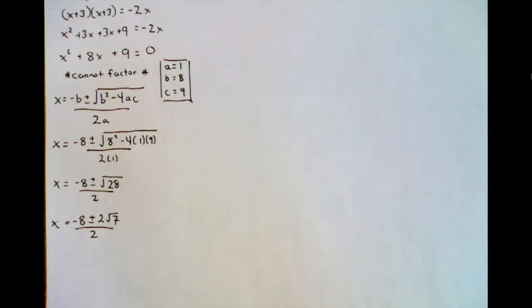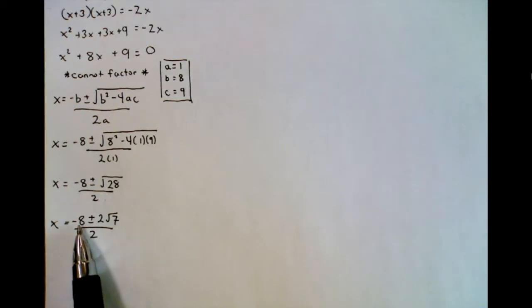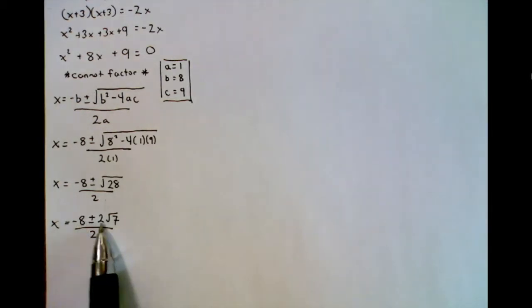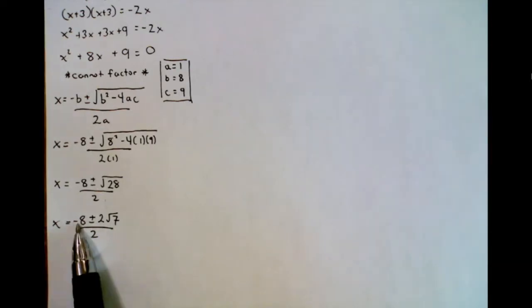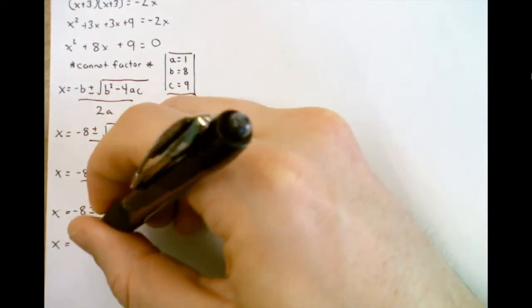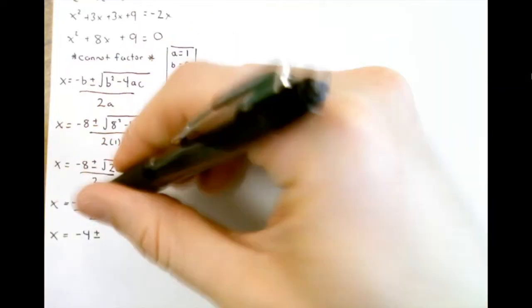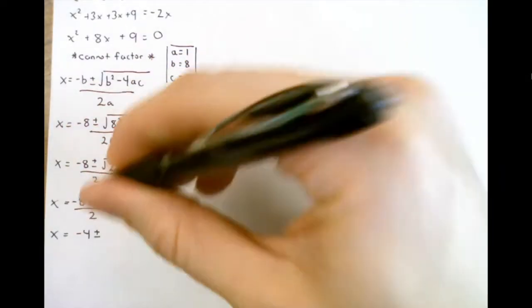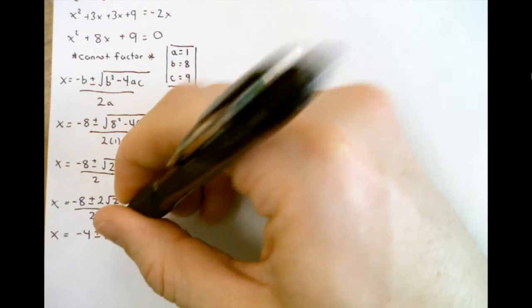And now, since we have 2 as a common factor to both of these terms, we can divide both of them by 2. You can't just divide one by 2, you have to be able to divide both by 2 to simplify. Negative 8 divided by 2 is negative 4, plus or minus 2 root 7 divided by 2, the 2's would divide away, and we're left with root 7.